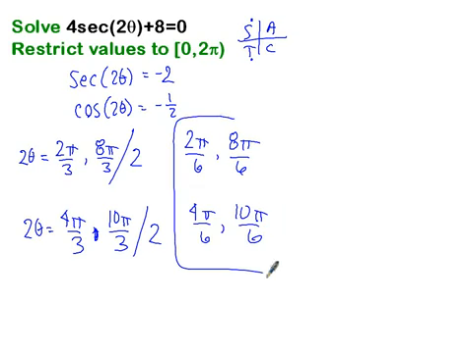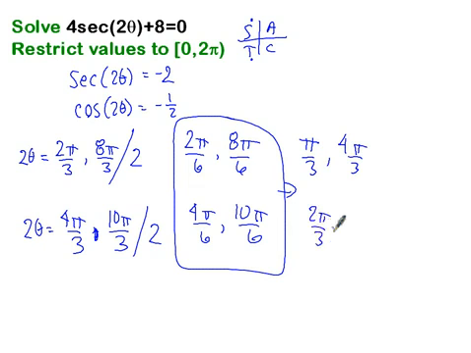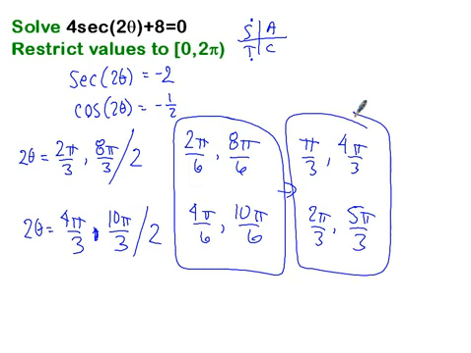And there are our 4 solutions. I guess we should probably reduce these. 2 pi over 6 is going to be pi over 3, and 4 pi over 3 and 2 pi over 3, and 5 pi over 3. Alright, so those are your reduced solutions.